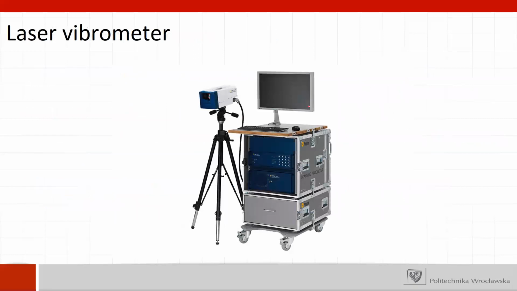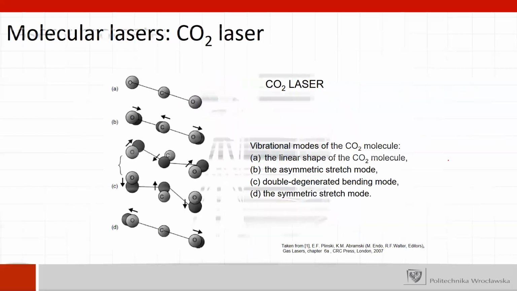This is an example of a laser vibrometer. So we have the measuring head, which consists of a HeNe laser, and then we have all the rest of the data acquisition and so on.